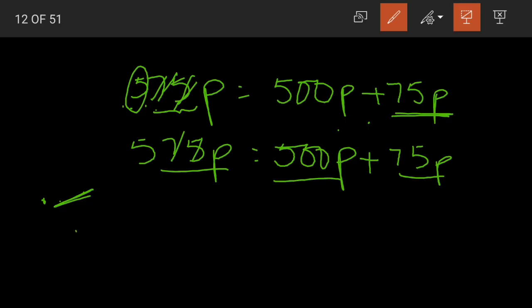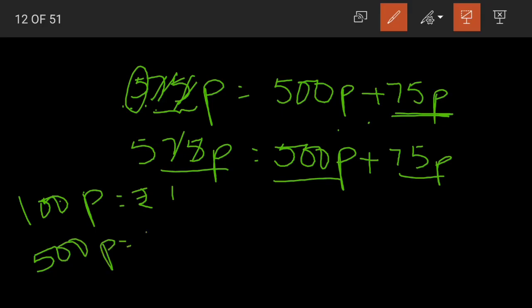We already know that 1 rupee is equal to, what do we know? We know that 100 paise is equal to 1 rupee. Then 500 paise will be equal to how many rupees? Should we multiply 500 with 1? No, we should divide it with 100. Yes, when we divide 500 by 100, we'll get 5, and it is in rupees.